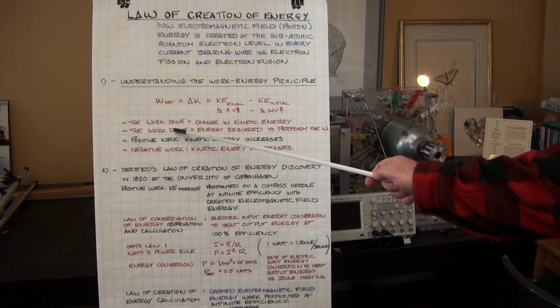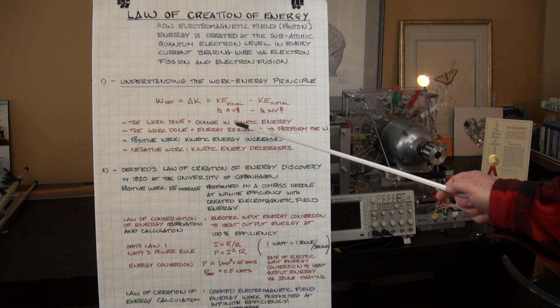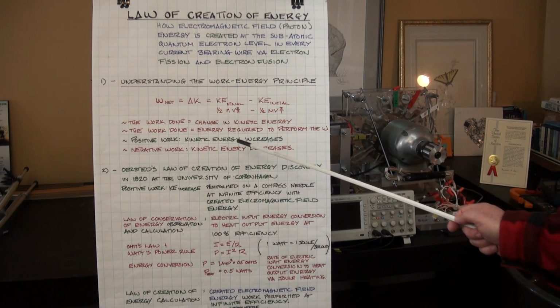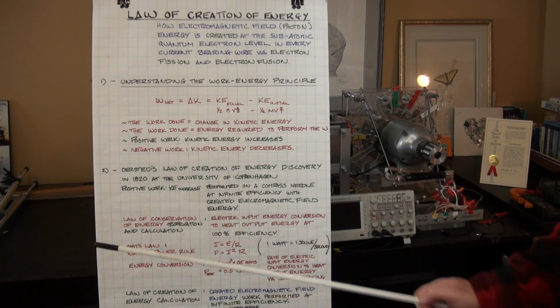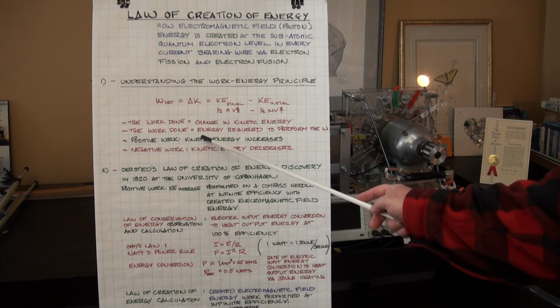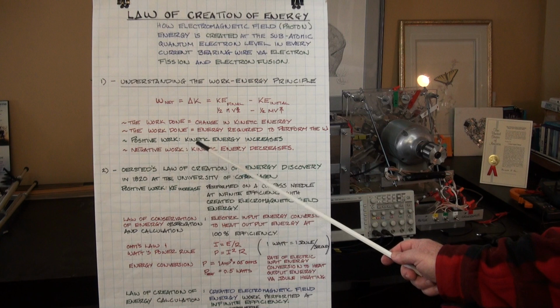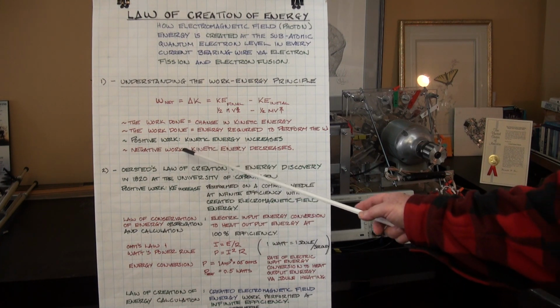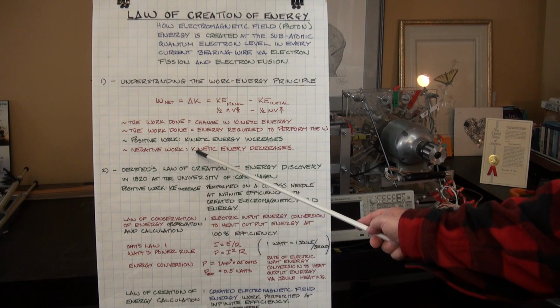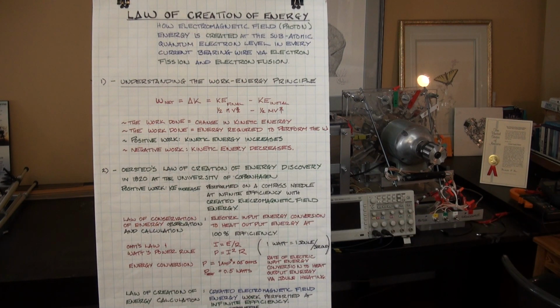And the work done equals the energy required to perform the work. In a case of positive work that's being performed, the kinetic energy of the body or system increases. And when negative work is being performed, the kinetic energy of the body or system decreases.